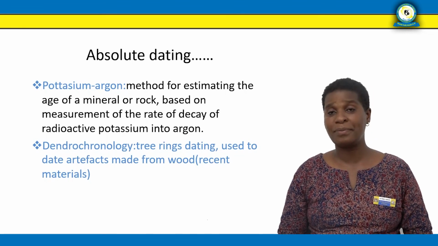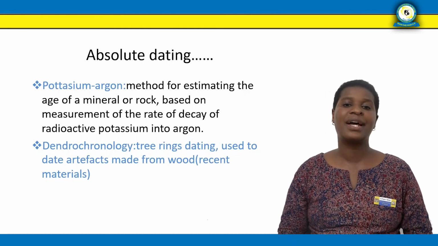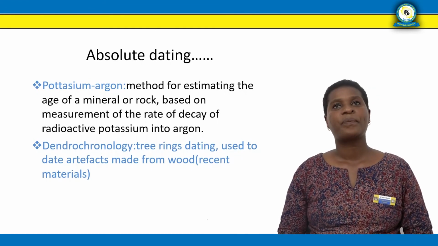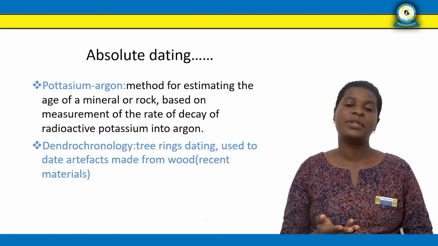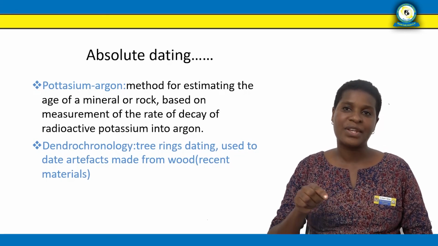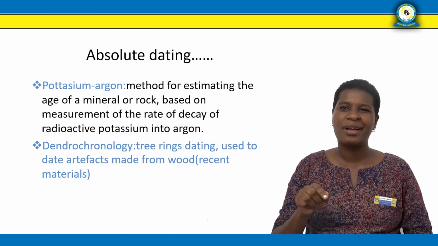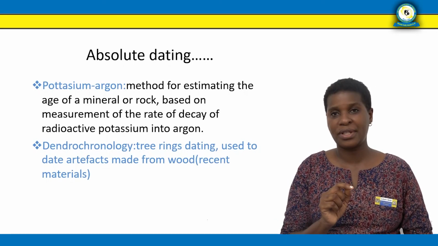So the materials must be from the recent past. How is this done? The application is that when you cut down a tree, you can observe circular rings going around the tree. Those are called tree rings.